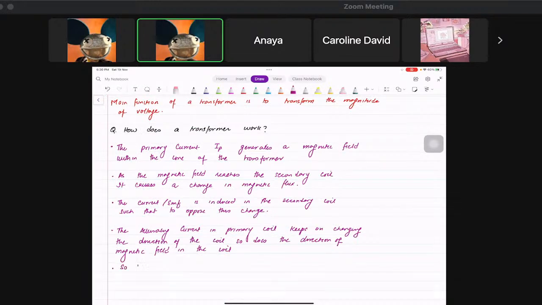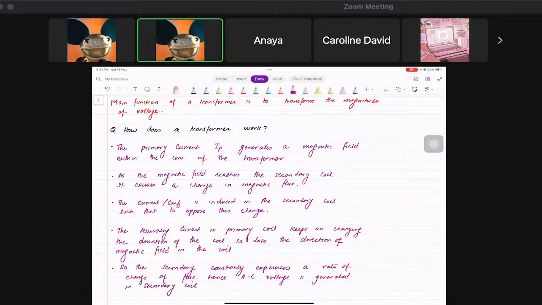So the secondary coil constantly experiences a rate of change of flux. Hence, AC voltage is generated in the secondary coil. Do you guys understand that?